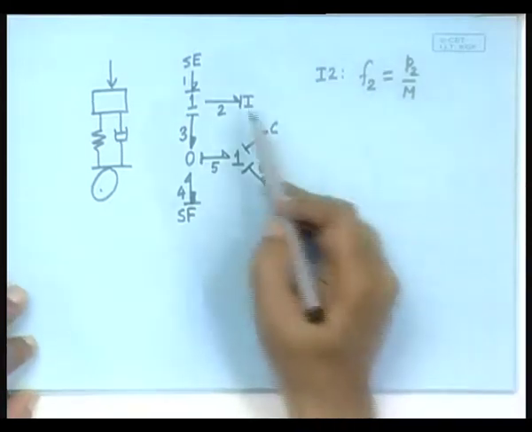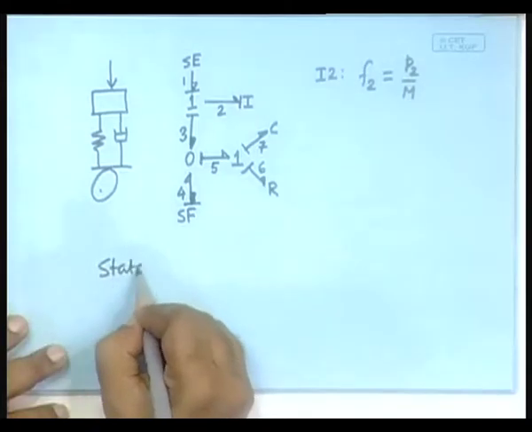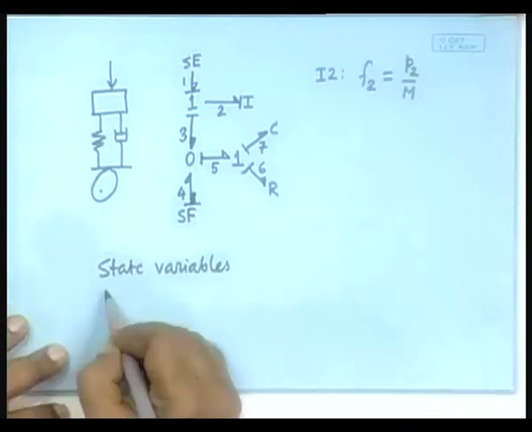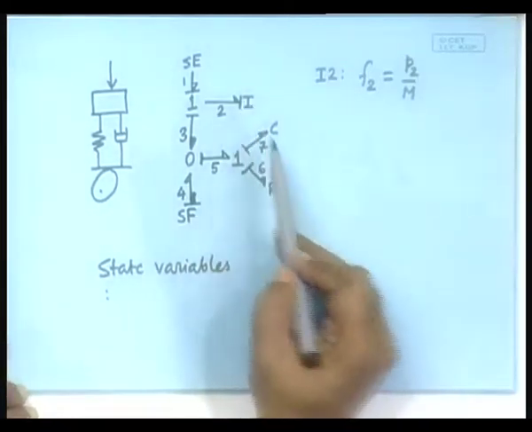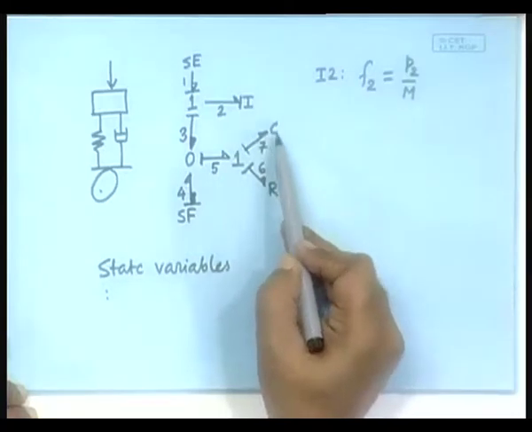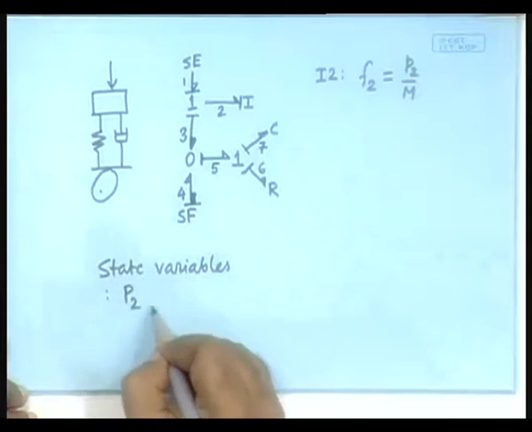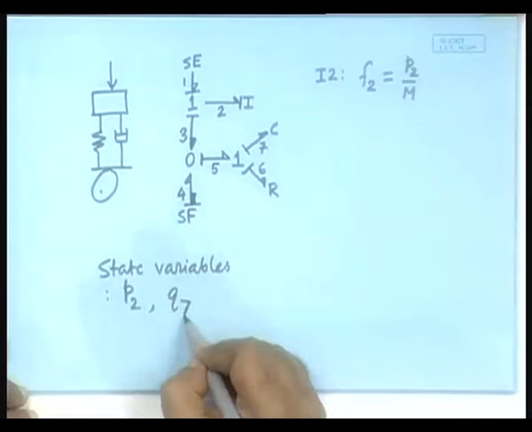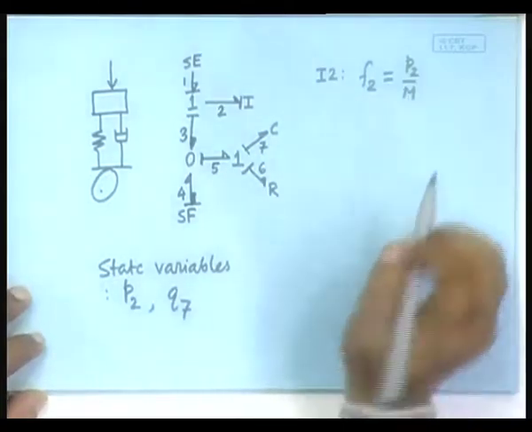P2 is a state variable in this case. So, let us write. What are the state variables? You have this as the integrally causal element, and this as the integrally causal element. There are two of them. So, there should be P2 and Q7. These two are the state variables. Fine. So, we have asked this question and got this answer.